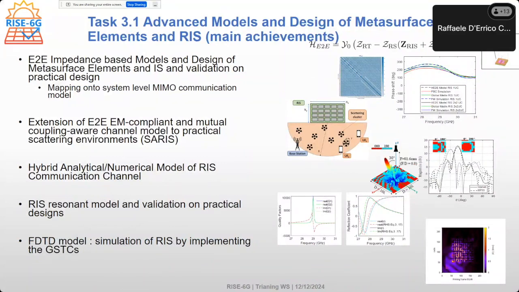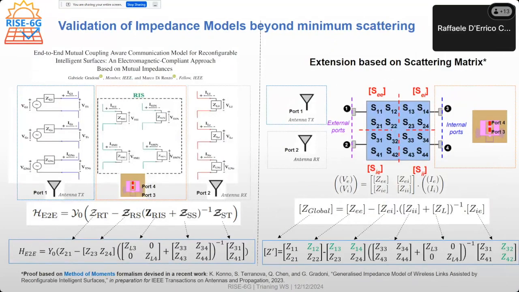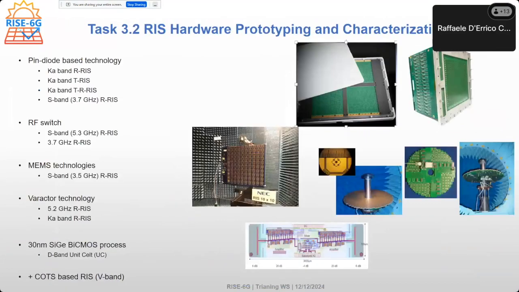Sorry about the models, and yes, the overview of the model, that's what I was talking about. So let's start again from this hardware prototype and the fact that different partners developed different RIS technologies based on pin diode, RF switch, MEMS, varactor.